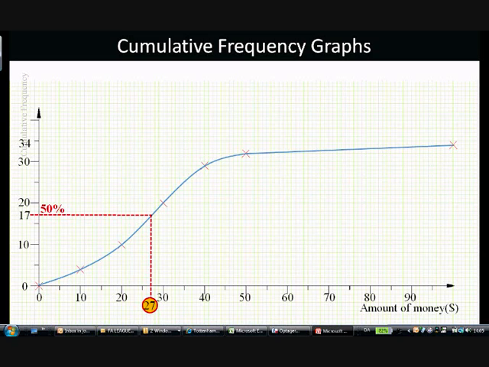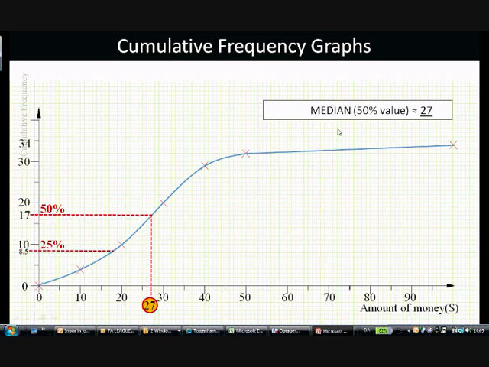So that's telling us that half the people have below $27 and half the people have above $27. So from this graph we can estimate that the median is about $27.